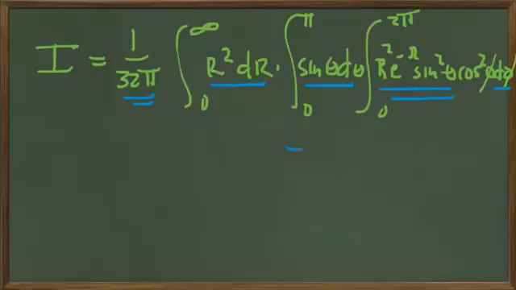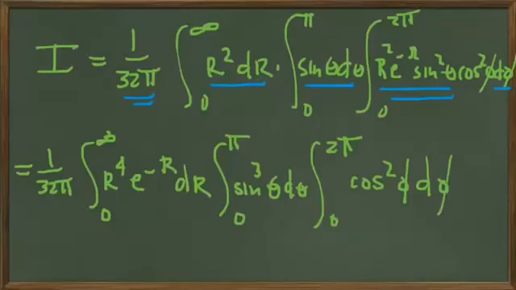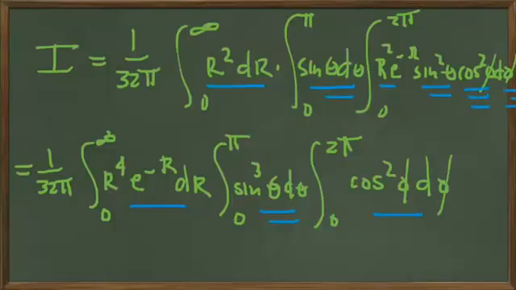Actually, the integral is going to turn out to be 1, as we'll see, which is the same as saying that this function is normalized over all of 3-space. So we're going to rewrite this to group it together better. We've grouped all the r terms together here, all of the theta terms together here, and all of the phi terms together here.